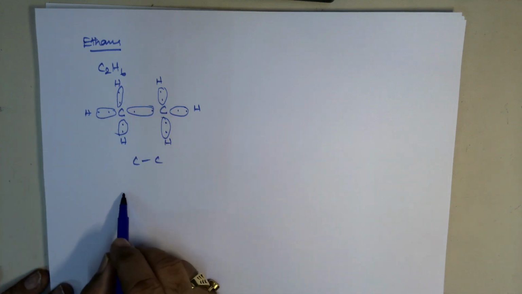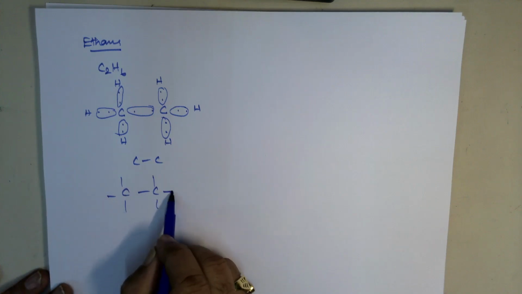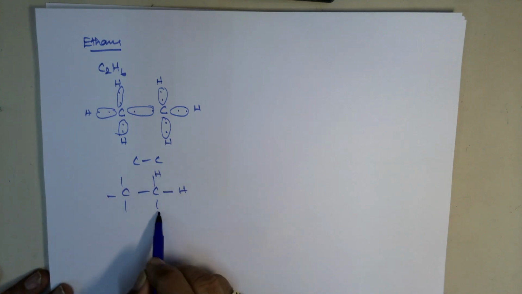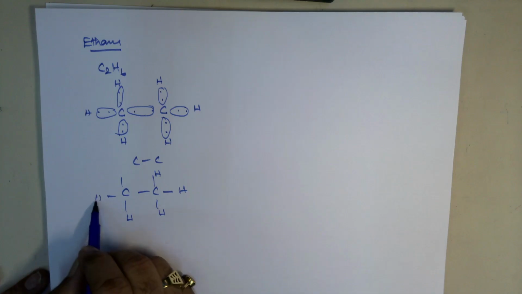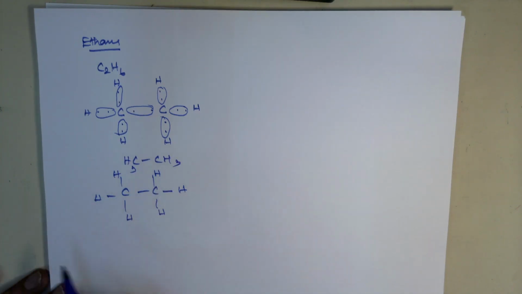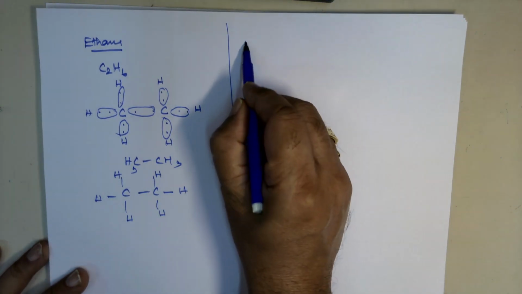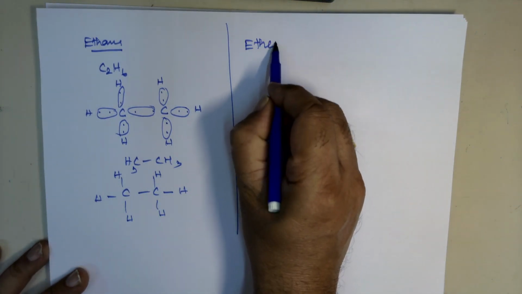So this is the case with C2H6, and we simply represent it as C, C with three H on each. Similarly, you can draw the other molecule, C2H4, that is the alkene ethene.